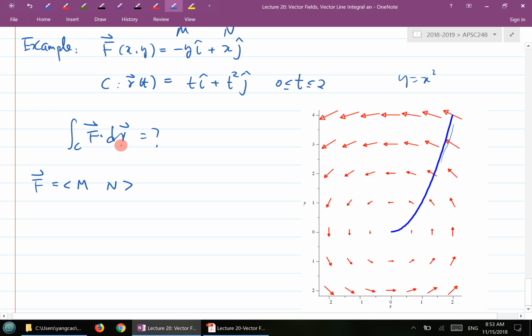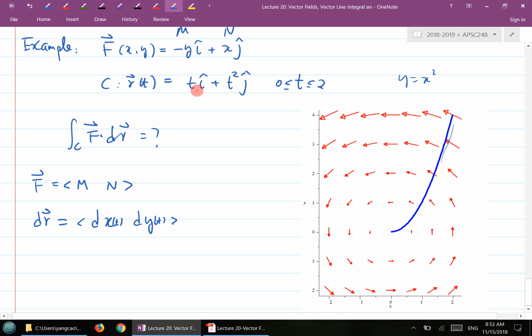And then you have the dr over here, right? The dr. Technically what dr is, basically you're taking differential dx and differential dy. So we should have x of t here and y of t here.